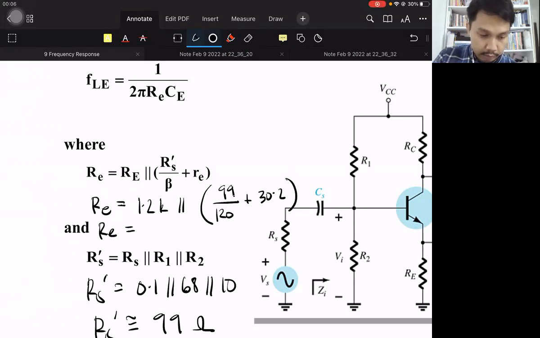RE is approximately 30.2. So the value is always about that, in this example at least. 30.2.